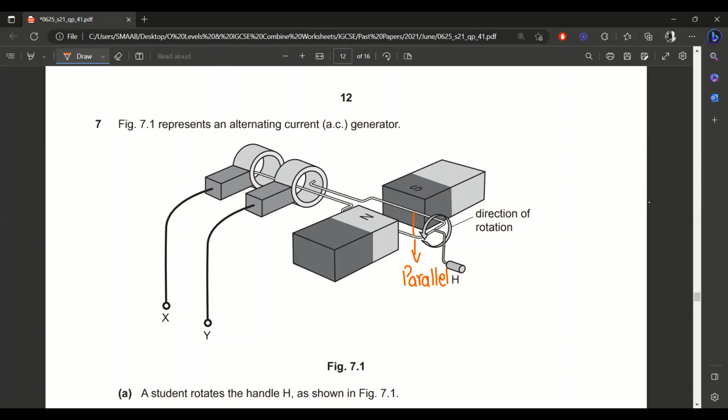So we need to use the right hand rule to find out this specific concept. We need to place our thumb in the downward position, that is the direction of force. And what will be the direction for the first finger? That is from north to south, right?